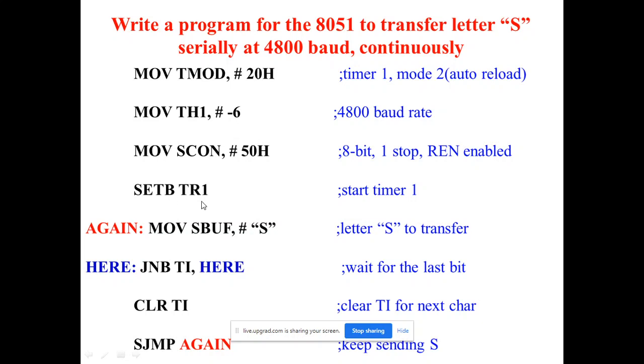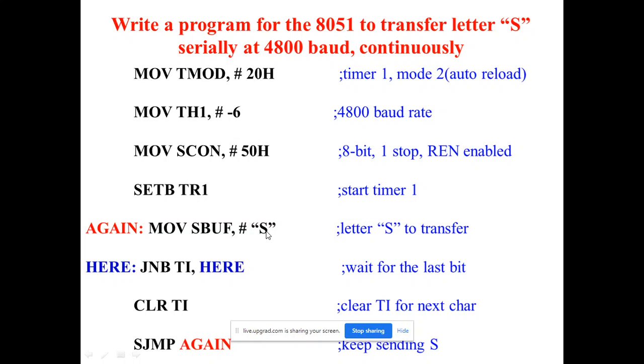Once I start the timer, my role is to place the desired number into SBUF. What do I want to transmit? The character S, and that's why I write that specific character in double quotes, which means the ASCII value of S is taken.